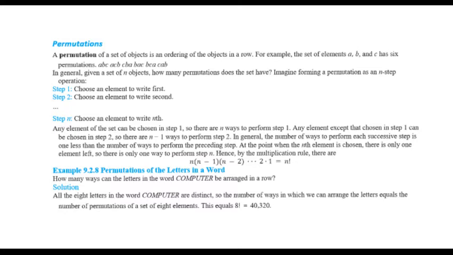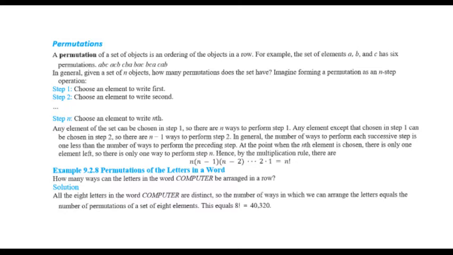So at the last point, at the last step, you have n-1 elements chosen, and you are left with only 1 element in the set. So the number of ways to choose the last element is only 1, because you are going to choose 1 element out of the 1 element that is left.